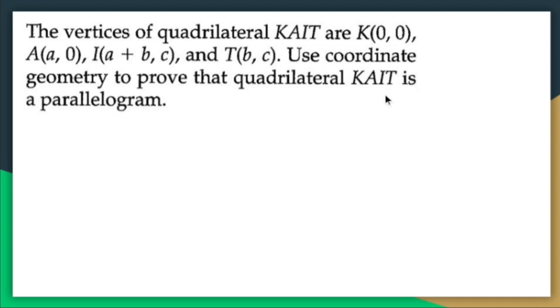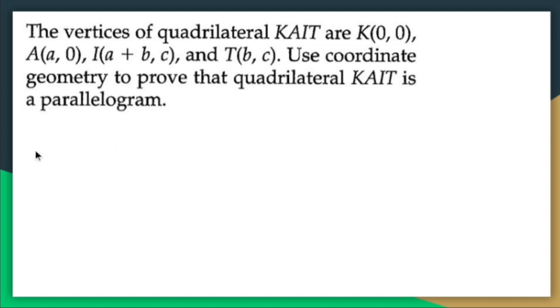Well, there's several ways that you could prove something is a parallelogram, but probably the easiest way to do it is to show that two pairs of opposite sides are congruent. So if I were to imagine KA and IT, that's what I have to do.